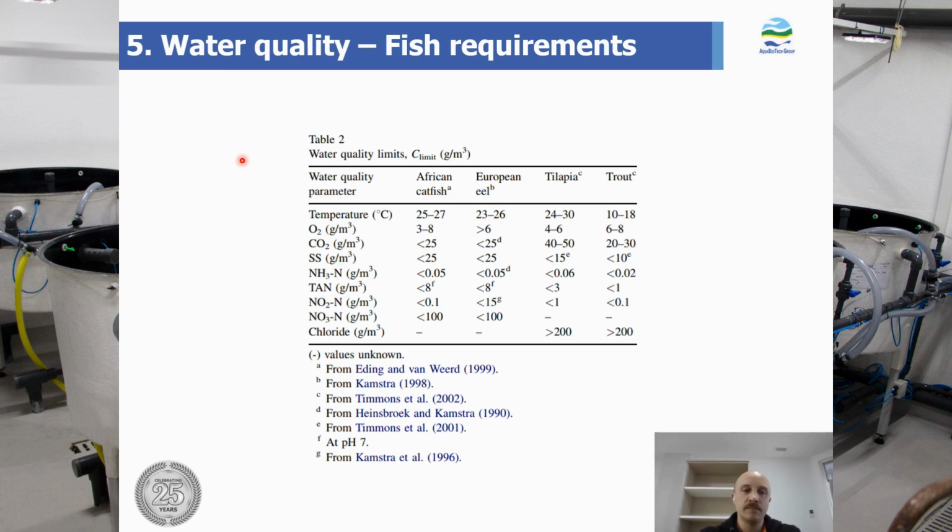And these species are also tolerant to different levels of solids, CO2, nitrogen, and so on. So these are all aspects that we need to consider when it comes to farming different species.